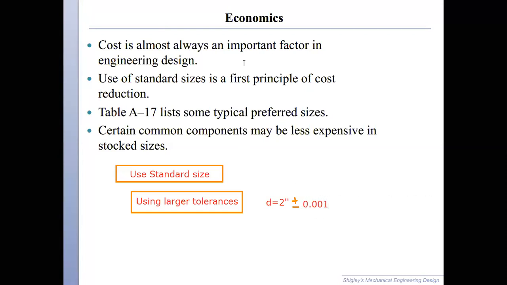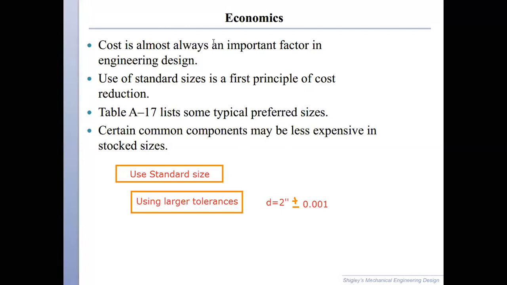What I mean is if it is 2.001 inches or 2.0009 inches, it is still fine. Or if it is on the other side, if it is 1.999, that is still fine.